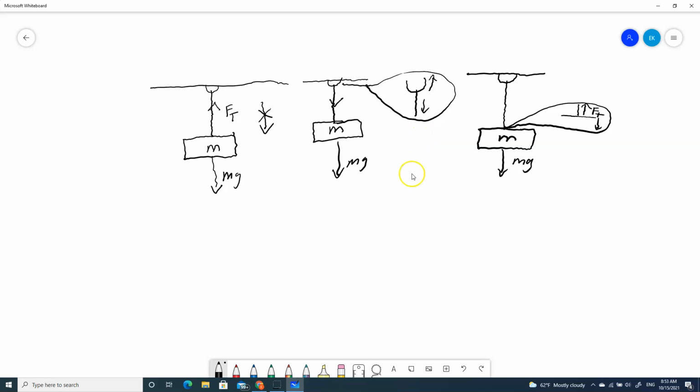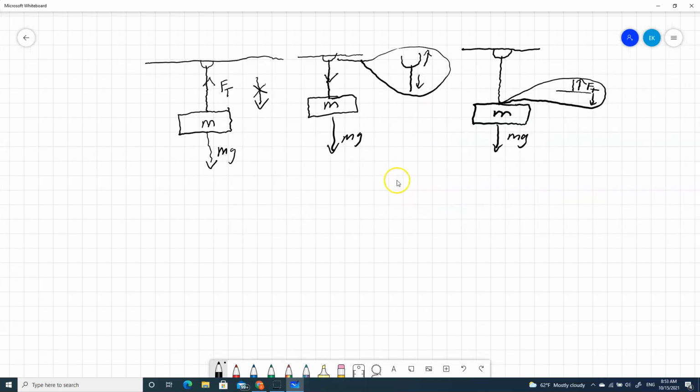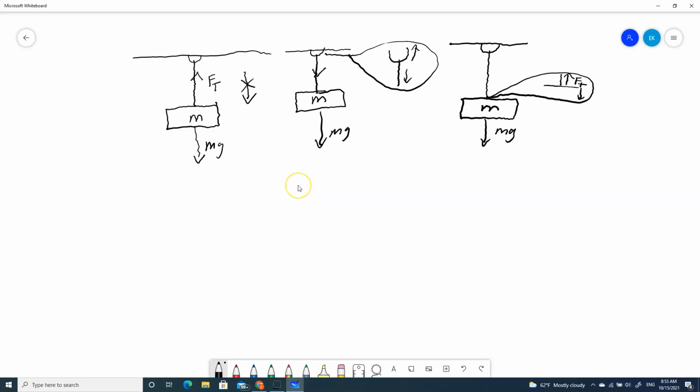Tension can get a lot trickier. So let's get into pulleys. So let's say we have this cliff right here. We have this pulley attached right here. It's like a little wheel attached right here, and there's a rope passing over it.